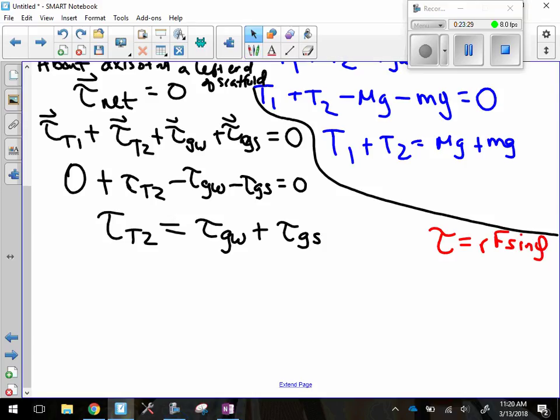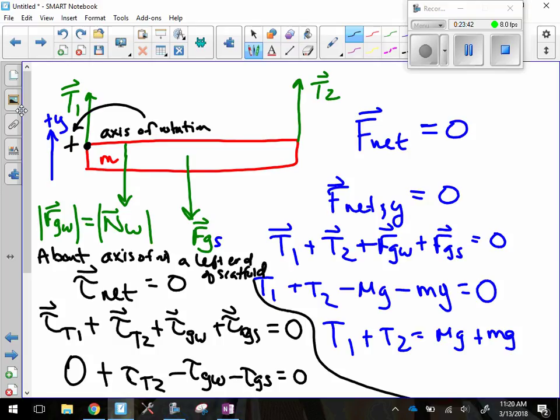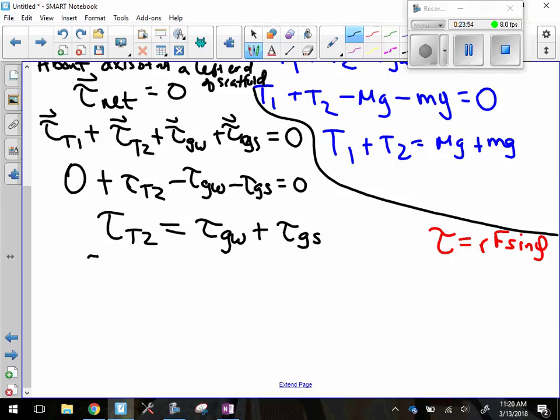Well, what is R? For T2, what's that distance? 5 meters, right? The length of the scaffold. So this is going to give me 5 times T2 times the sine of what? 90 degrees, because they're perpendicular.